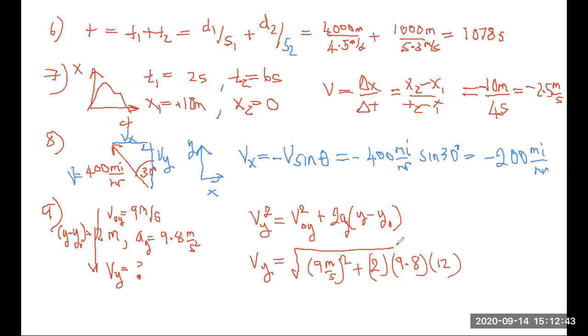I'm not writing all the units. And if you do that calculation, I got 17.8 meters per second. And so that's the downward velocity.